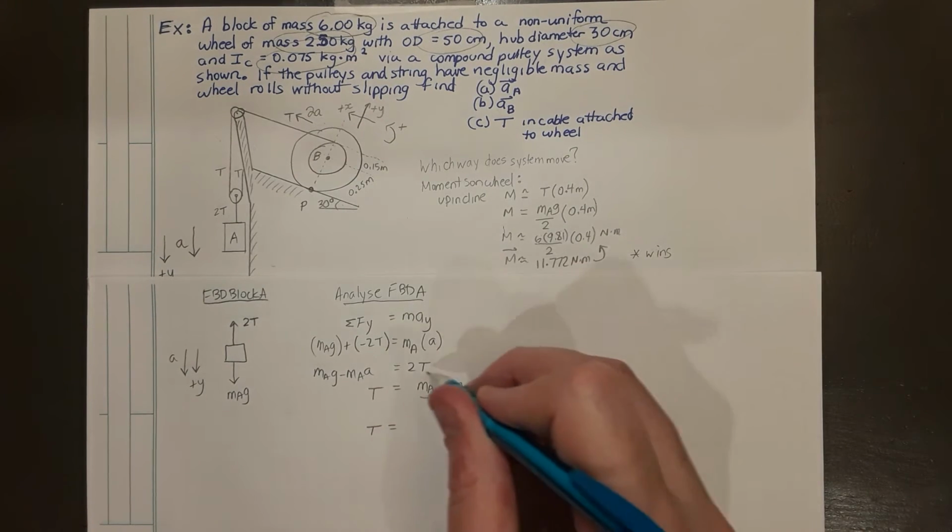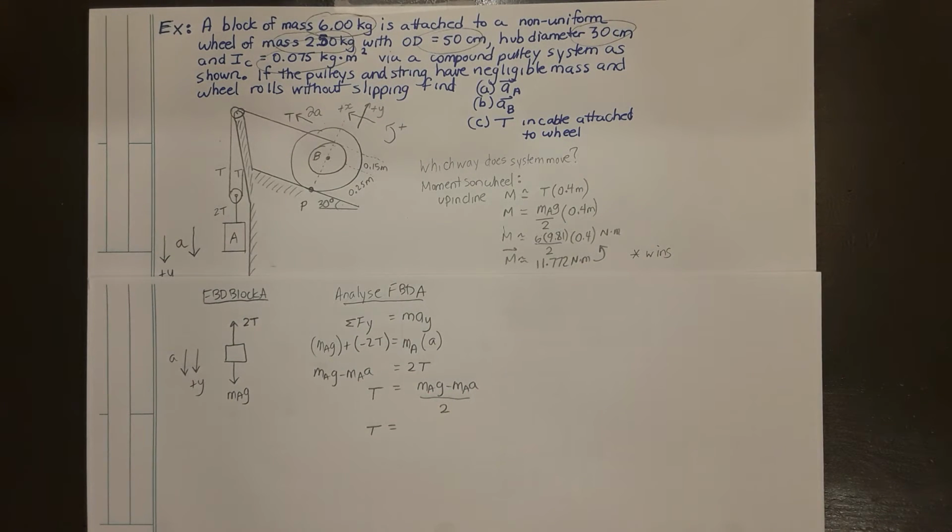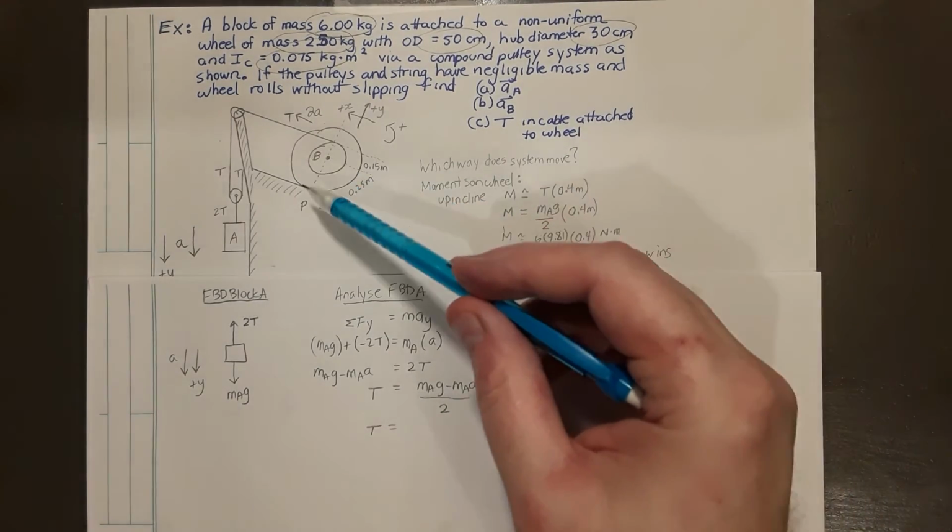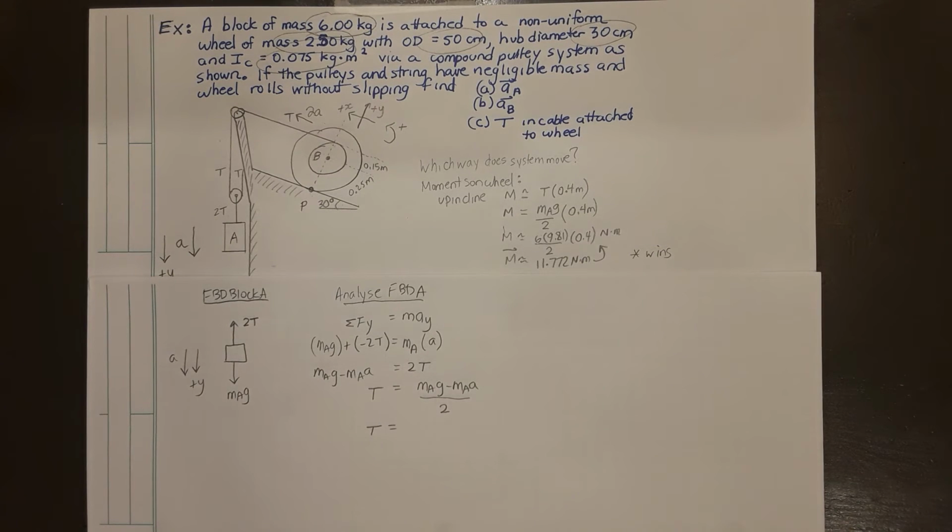Now I can leave it in that form, but you'll find that when we do free body diagram analysis with rolling wheels with hubs, there are a lot of constants that are different, and algebra can get kind of cumbersome.